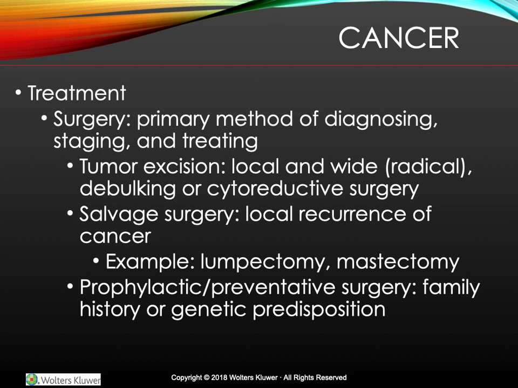The patient may be positive for that BRCA1 gene or that BRCA2 gene, and that sets them up to be positive for cancer in the future. So rather than waiting for that to happen, the person may go ahead and have that bilateral mastectomy done as a prophylactic or preventative measure to prevent that cancer.